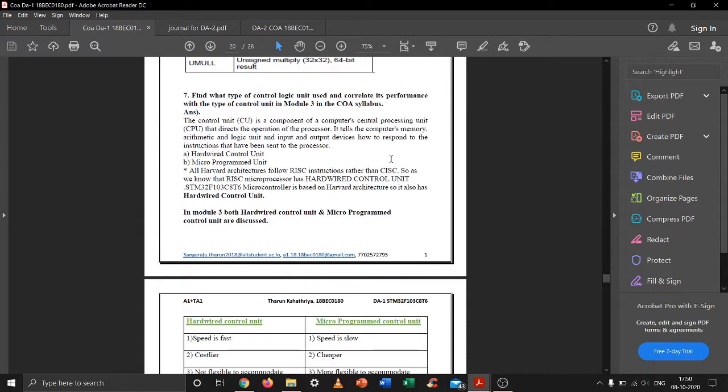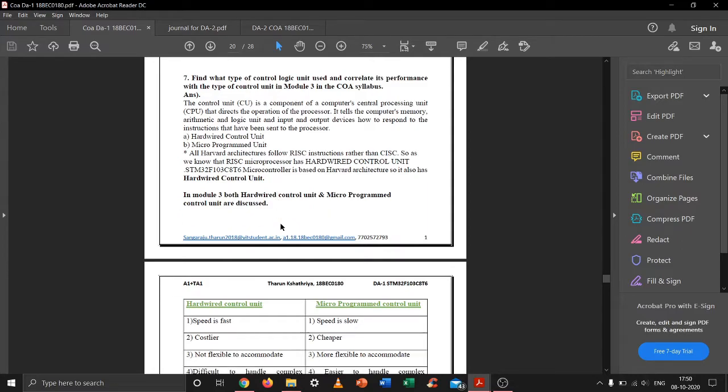For the microcontroller which I selected, it is a hardwired control unit, because all hardware architectures follow RISC instructions rather than CISC. So we know that a RISC microprocessor has a hardwired control unit. So our microcontroller is hardware architecture, so it is a hardwired control unit.